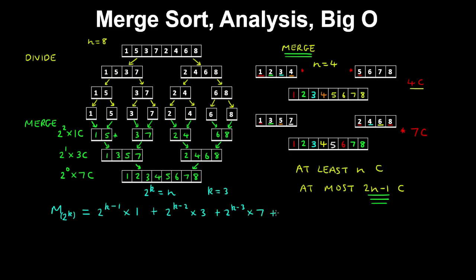And in general, this keeps going on and on until we obtain one merge operation, multiplied by 2 to the power of k, which is 8 in this case, minus 1 is 7 comparisons.